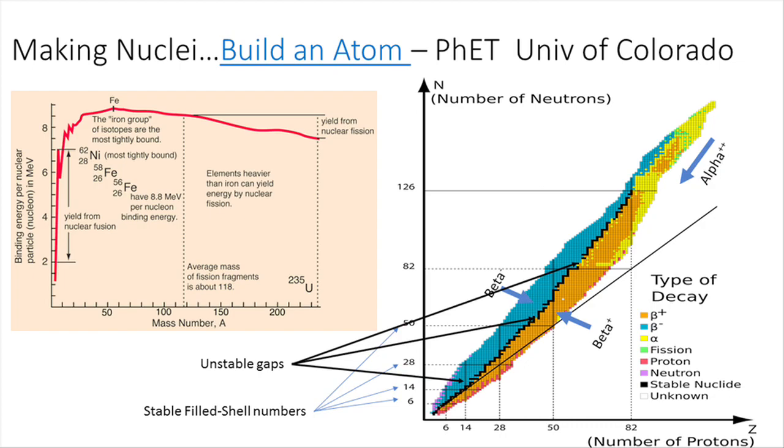It pops out a beta, changes a neutron into a proton, and I get closer that way. If I had too many protons, I pop out a beta plus, I change a proton into a neutron, and it moves that way. And then again, at the very end, if I'm way up there, I can shoot out a whole alpha particle, and I move down that way. So obviously, the stuff that we've built in these nuclei is not stable. So what's going on there?